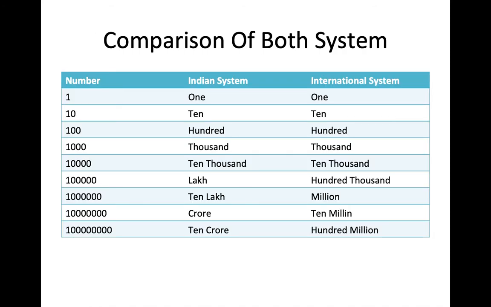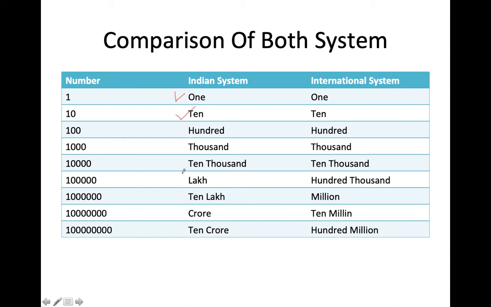Now the next topic to discuss is a comparison of both number systems we studied. If you compare both number systems, you will see that they are the same till 10,000. It means ones are the same in the Indian system as well as the international system. For example, one is one in India as well as in other countries, for example the USA. The way we study numbers between 10 to 99 is also the same.